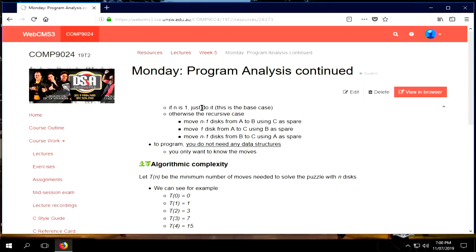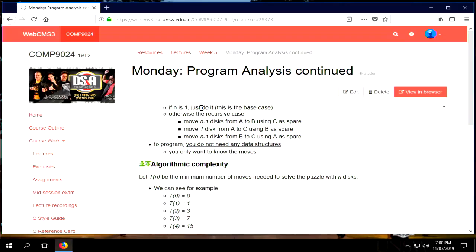T3, when you have 3 disks, well, now we know that to move 3 disks, it's a question of moving 2 disks, then moving the last disk, and then moving those 2 disks again. So it's moving the 2 disks, which is T2, twice, and then moving the final disk. They're the 3 actions.